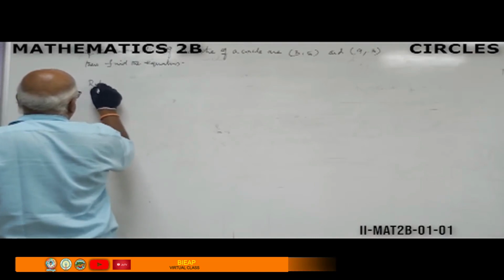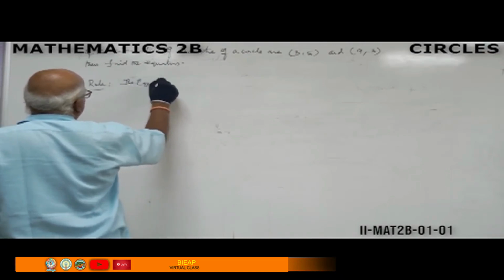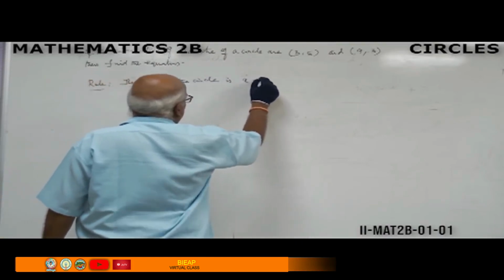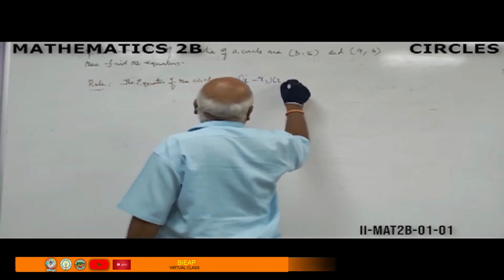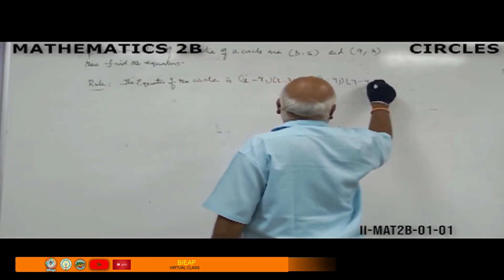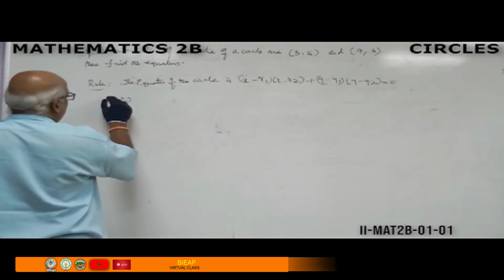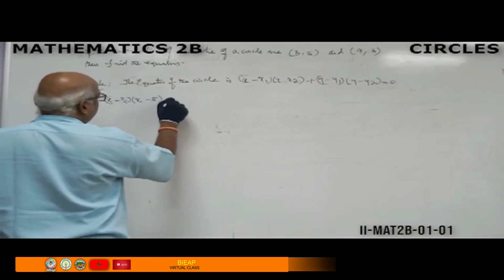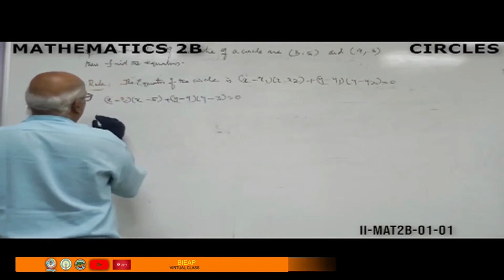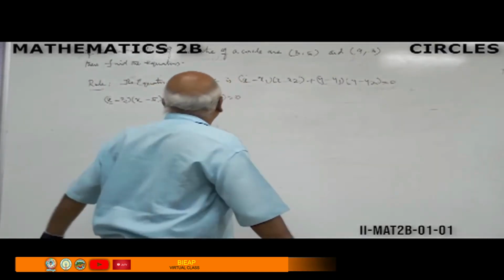What is the rule? The equation of the circle is (x minus x1) into (x minus x2) plus (y minus y1) into (y minus y2) equal to 0. So (x minus 3) into (x minus 9) plus (y minus 5) into (y minus 3) equal to 0, because for x1, y1 I wrote 3, 5 and for x2, y2 I wrote 9, 3.